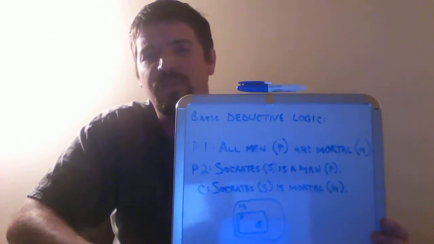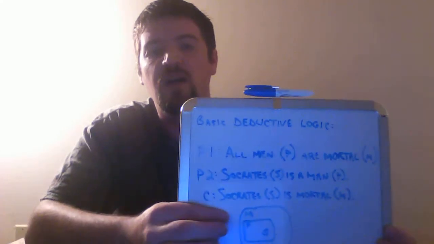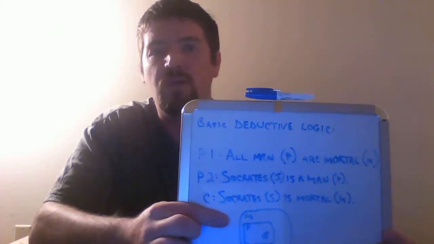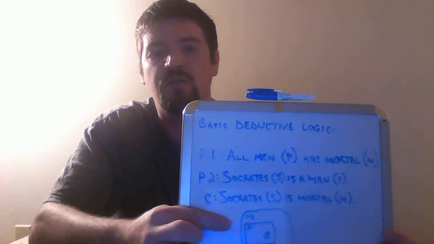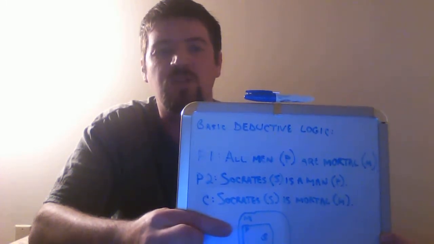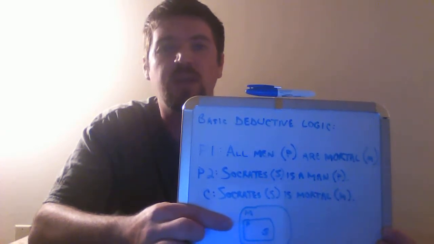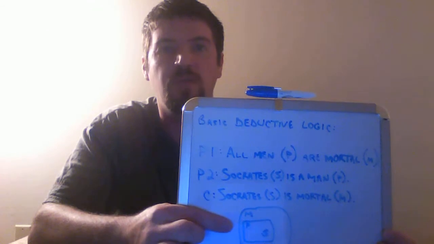Now you'll see I gave all these little abbreviations with letters just so I could show you this little Venn diagram that I made, where we have a group of mortals, M, things that are mortal, and P, people, or men. I think that's what they meant when they called Socrates a man. The group of people is within mortals because all people are mortal.